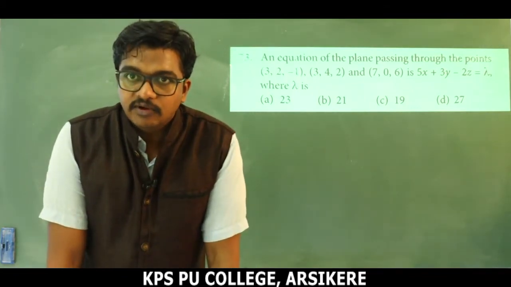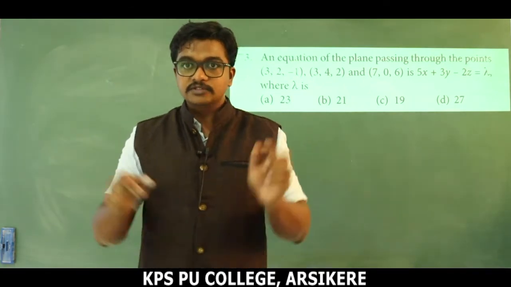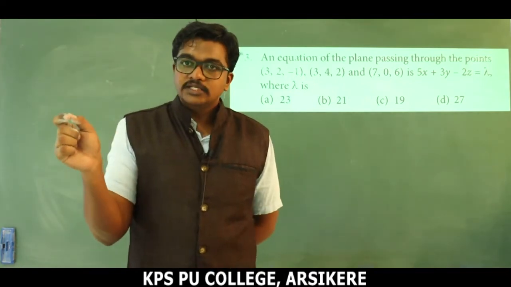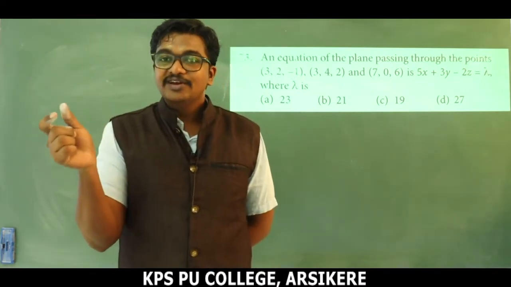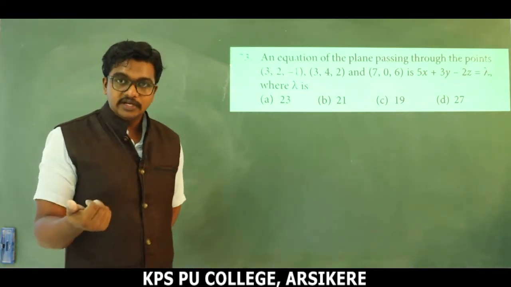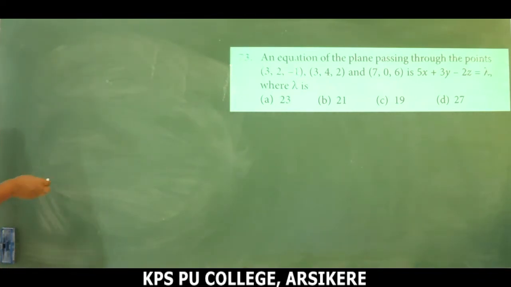And the equation is, when we have x1, y1, z1, x2, y2, z2, the corresponding equation becomes a determinant of 3 cross 3: x minus x1, y minus y1, z minus z1 in the first row. Second row, x2 minus x1, y2 minus y1, z2 minus z1. And the third row, x3 minus x1, y3 minus y1, z3 minus z1, is equal to 0.